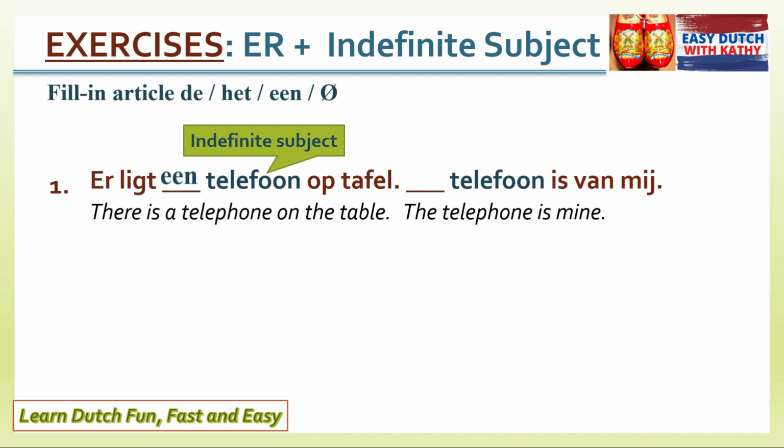And the second telephone in the second sentence, because it's already mentioned in the first sentence, is a definite subject. And telephone goes with article "de". Er ligt een telefoon op tafel. De telefoon is van mij.